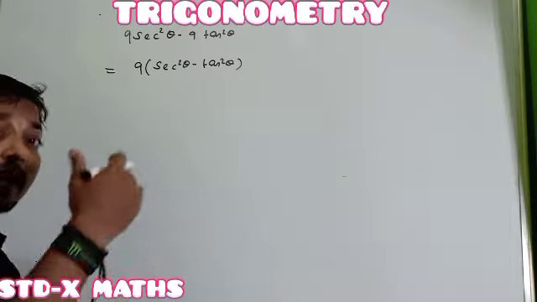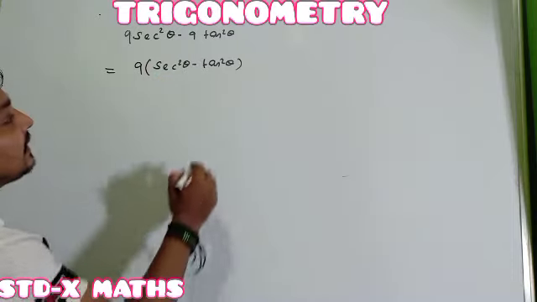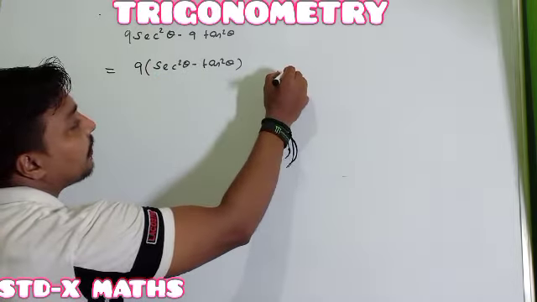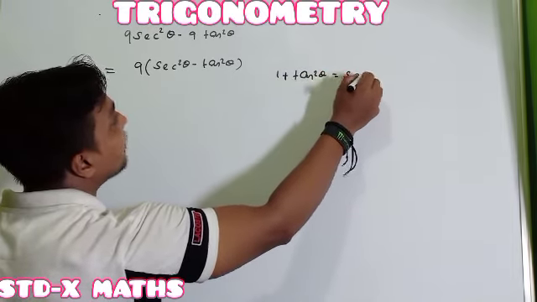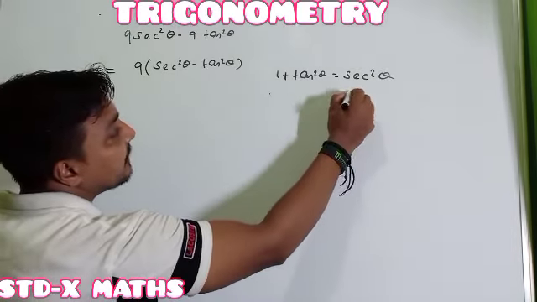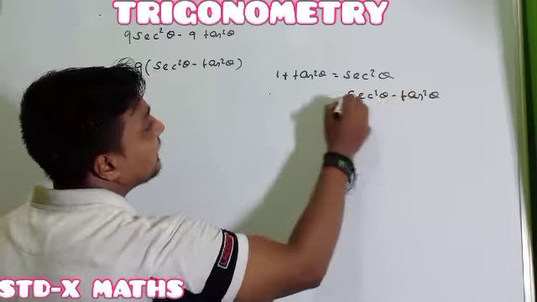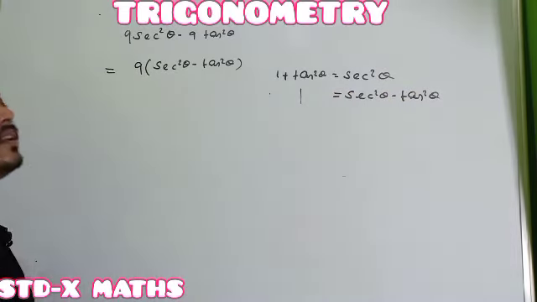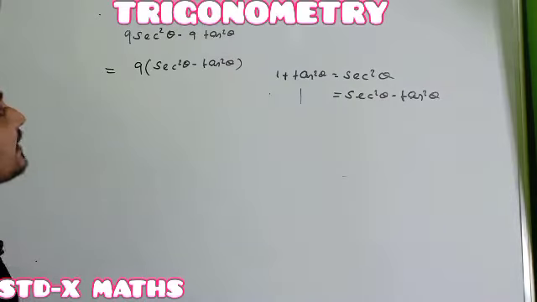But I said one trigonometric identity has 4 varieties of form. It was said to you that 1 plus tan square theta is sec square theta. It means sec square theta minus tan square theta is 1.